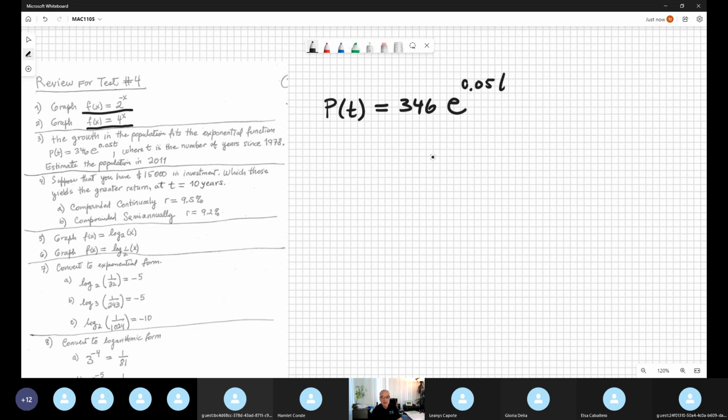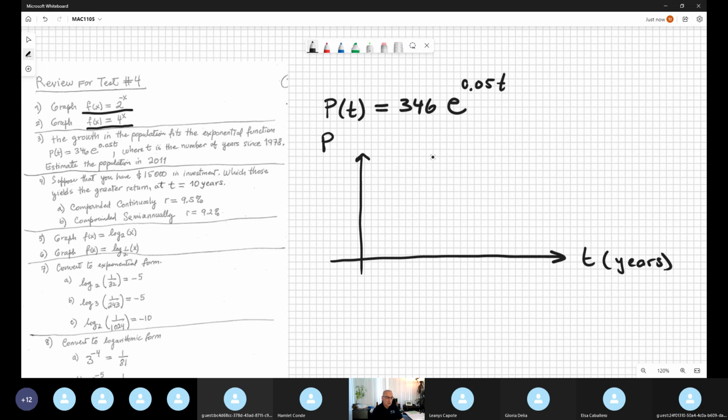It's a mathematical law, where t is the number of years since 1978, estimated population in 2011. Okay, let me try to understand. To understand, I highly recommend doing a sketch, because one picture is much better than 1,000 words, blah, blah, blah. This is the time in years. This is population.